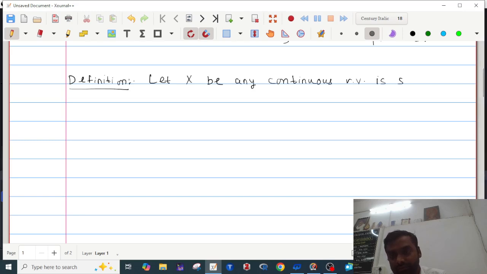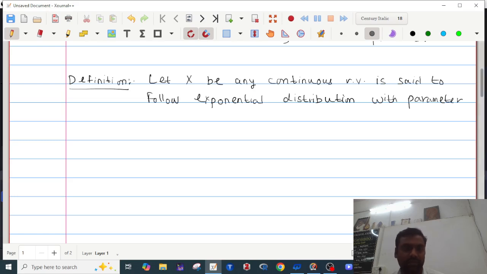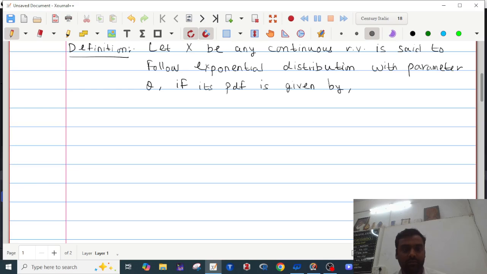It is said to follow the exponential distribution with parameter theta if its PDF is given by f of x equals theta into e raised to minus theta x.